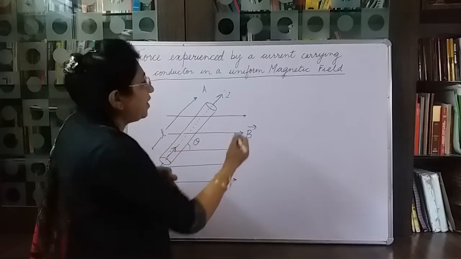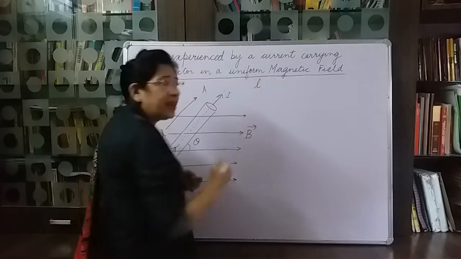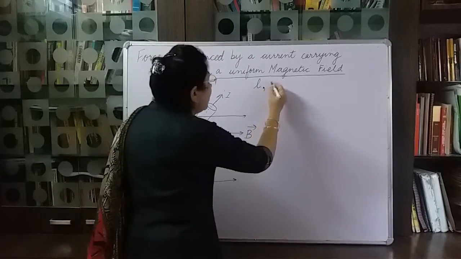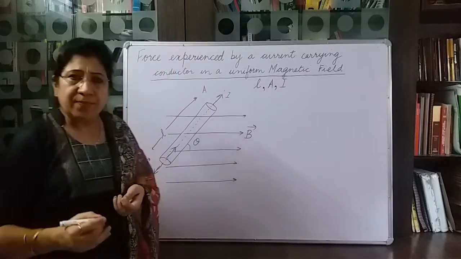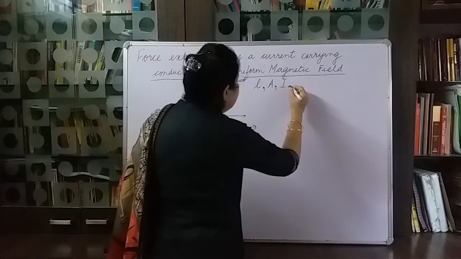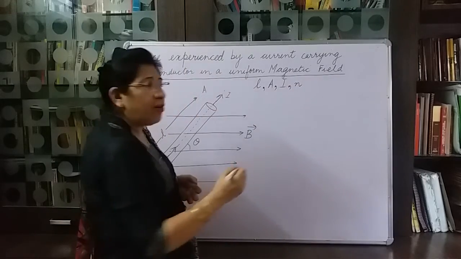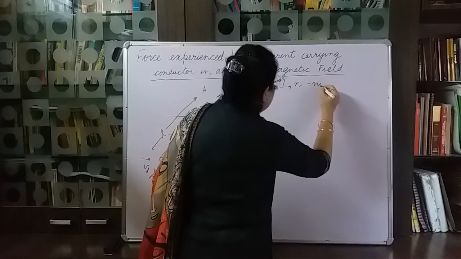So here we have taken length of the conductor as L, area of cross section as A, I as the current flowing through it. Let n be the number density of the free electrons.